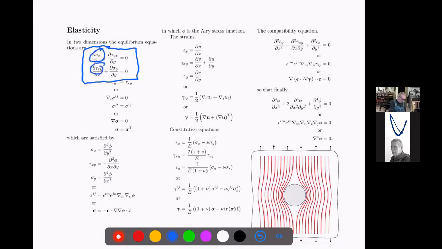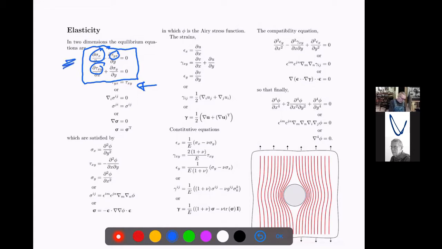Tau xy and tau yx, which are equal, that's this equation here, through complementary shear stresses. And basically, this equation tells us how the stresses can vary within a material in order to maintain equilibrium.